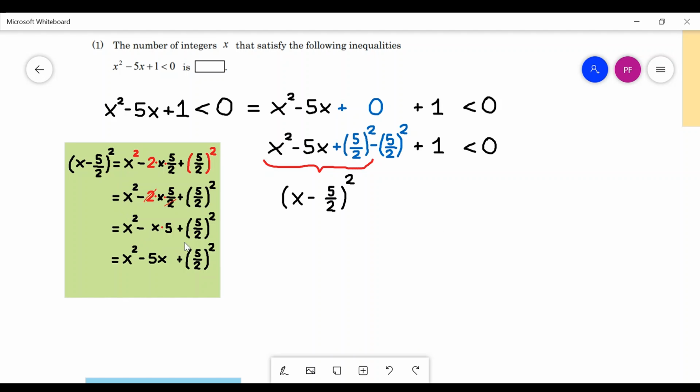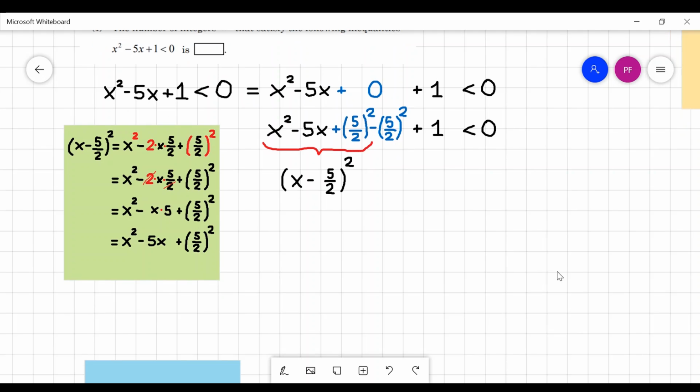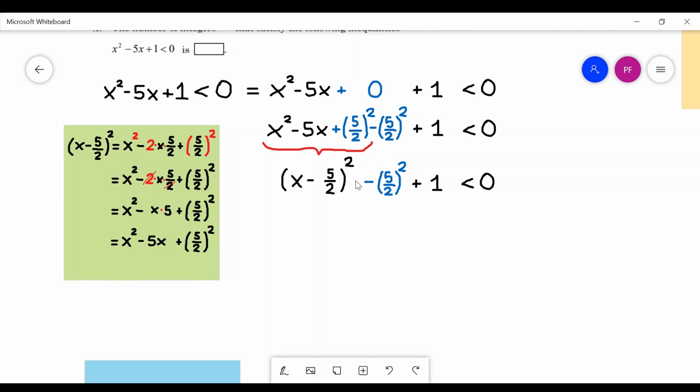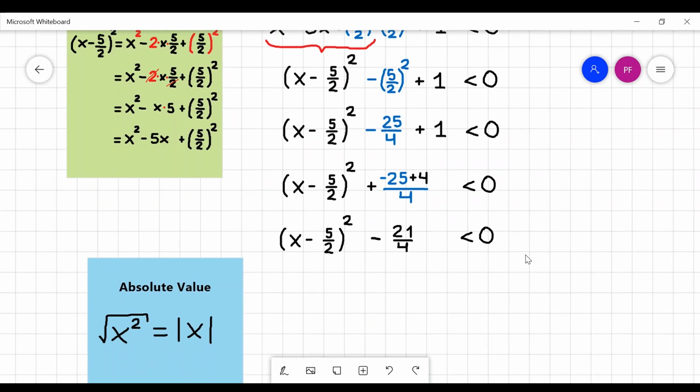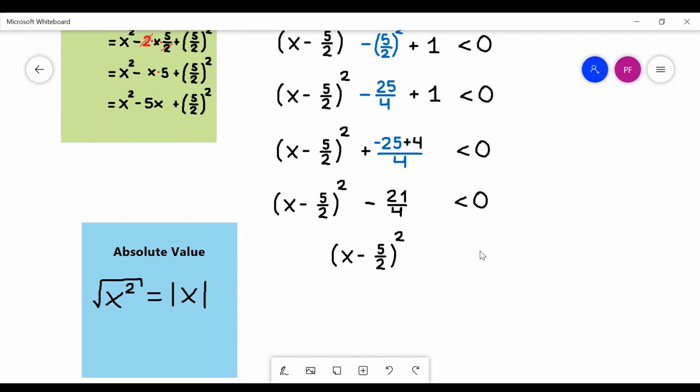You can see that (x minus 5/2) squared is equal to x squared minus 5x plus (5/2) squared. Now, minus (5/2) squared is minus 25 divided by 4, and plus 1 gives minus 21 divided by 4. We move it to the right, and finally we will have to apply the square root in our inequality.